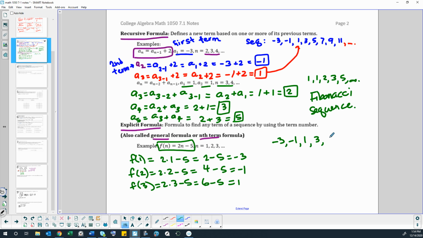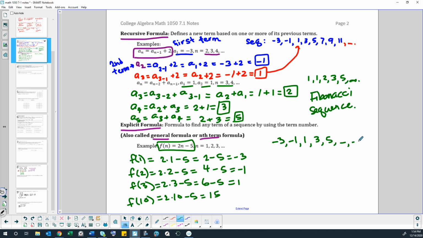I think we saw this already in the sequences that we were looking at. So this is a general formula, or a formula for the nth term, an explicit formula. If we wanted to find the 10th number, my gosh, all we have to do is plug in 10, and we would get the number, which is 15.